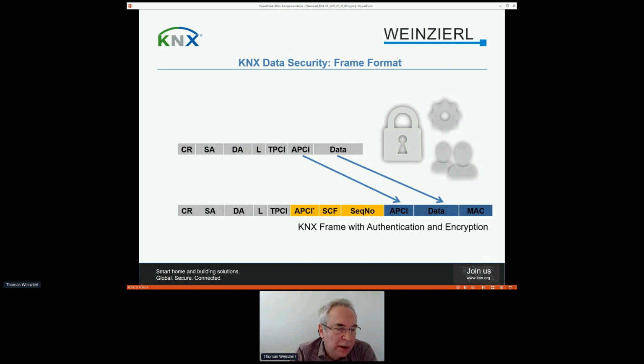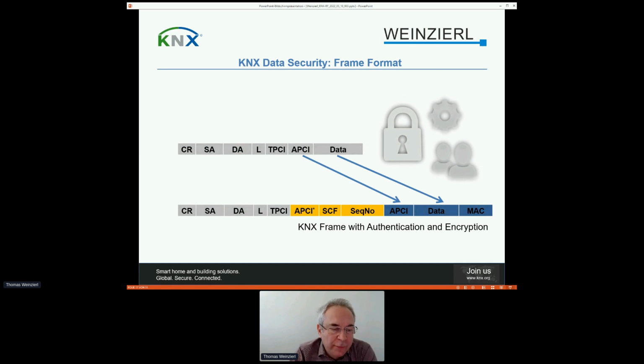So in the classical Knx telegram, we always have this APCI, Application Protocol Control Information, which is an ID for the service like group value write or memory read, what we want to do with this telegram. And of course, this data, and especially the data behind, has to be protected. That's why the APCI is replaced by only one APCI, which we call the secure APCI.